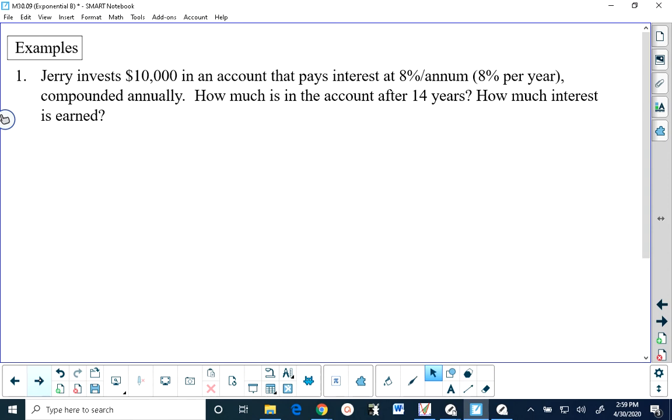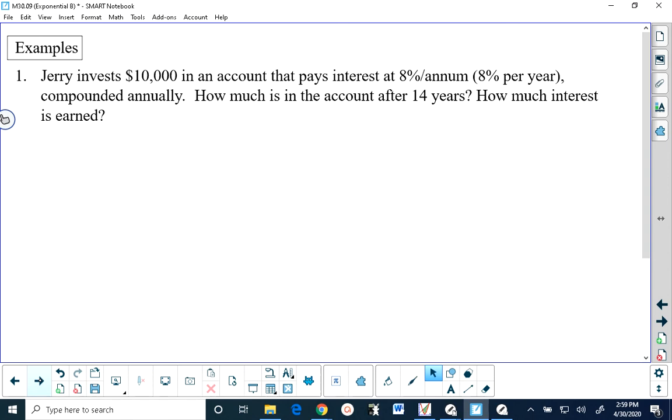If he were to look on June 5th of that year, the balance would still be $10,000. In fact, the balance is going to be $10,000 for the whole year, and then on the very last day of the year, the bank is going to calculate 8% of that $10,000, and they're going to add that to the balance. And that's what compounded annually means. It means it's going to be calculated at the end of the year.